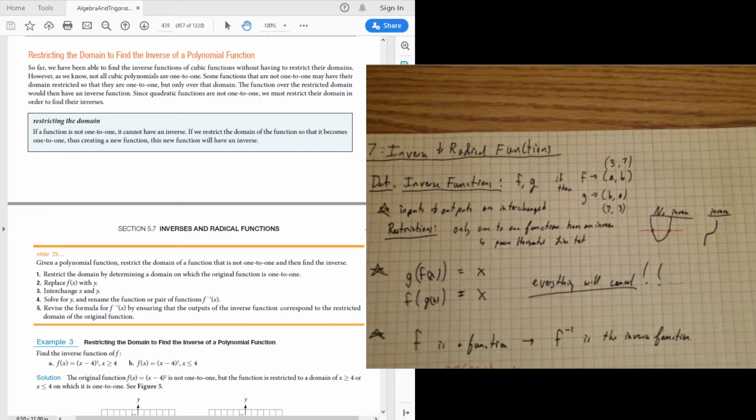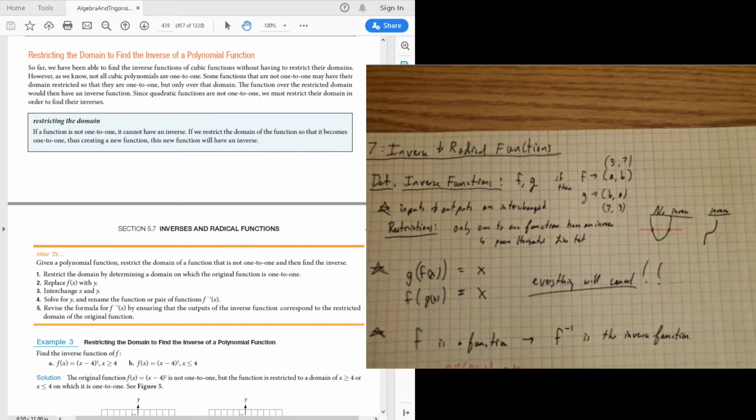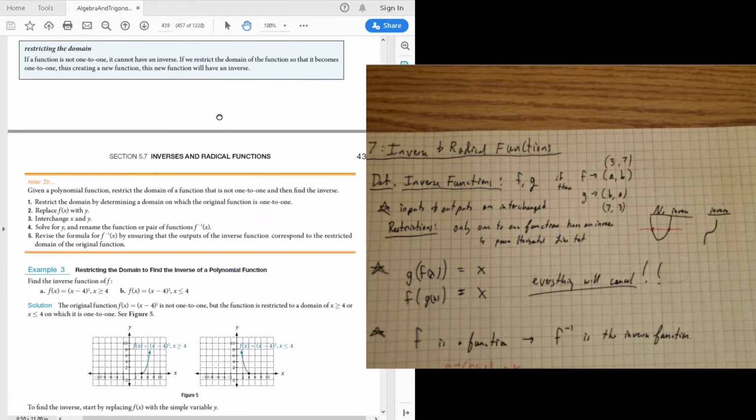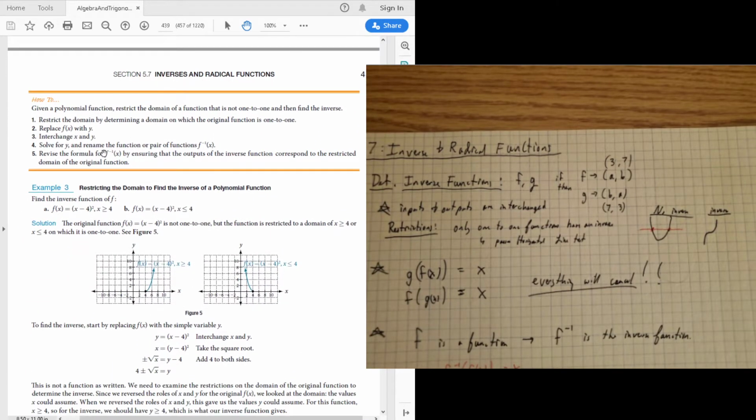It's important to note, if the function is not one-to-one, and common functions that are not one-to-one are even-powered functions. So you will be forced to do this if your function is even-powered. If the function is even-powered, we restrict the domain of the function so that it becomes one-to-one, thus creating a new function that will have an inverse. So we have to be willing to restrict the domain. How do we do that? Here we go.